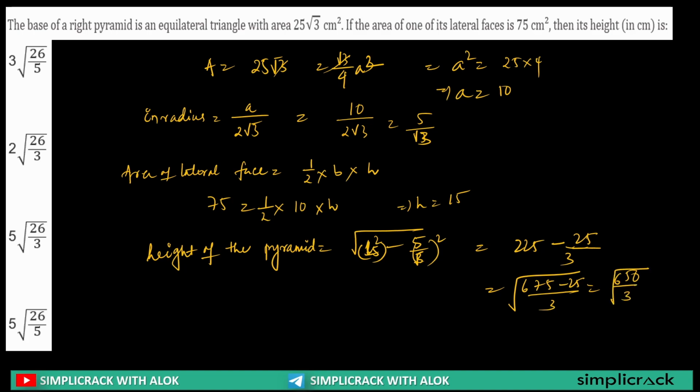Okay, so this can be written as 25 into 26 by 3 because 26 is in the answer. So this will be 5 square root of 26 by 3. This is the answer. You need to understand this formula, height of the pyramid.